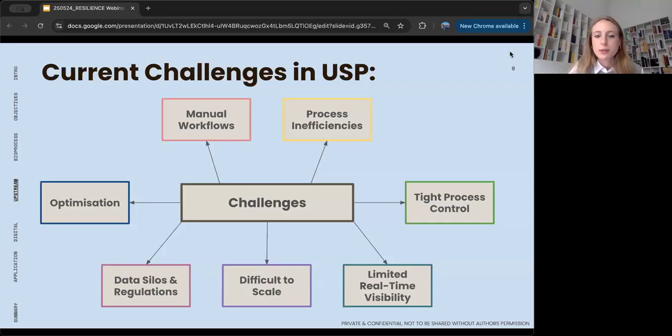Next, we have process inefficiencies. So without sufficient automation or coordination, tasks throughout a process are often repeated or delayed, which can reduce overall productivity and lower product input or output. Then we have tight process control.